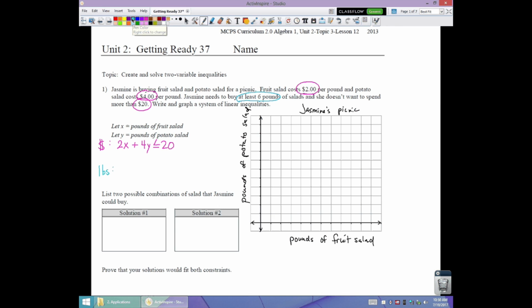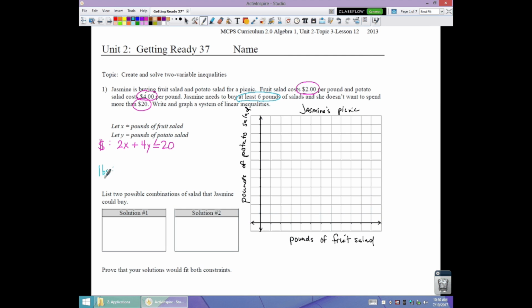Okay, what about the amount of salads that she wants to take? She wants at least 6 pounds. This is usually the one that people struggle with more because they feel like they need more numbers, that the X and the Y need to have coefficients in front of them. So people will often try to write 2X and 4Y in the other inequality also, and they don't belong there. Those are money.